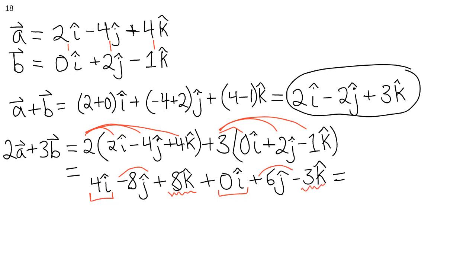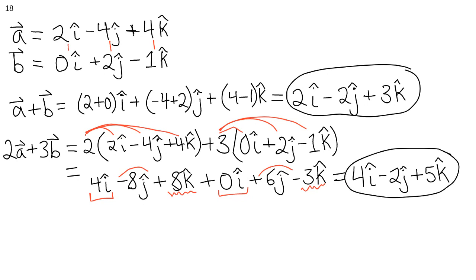So 4 plus 0 is 4. Negative 8 plus 6 is negative 2. 8 minus 3 is 5. And that's that. 2A vector plus 3B vector is 4i minus 2j plus 5k. Any questions about that?